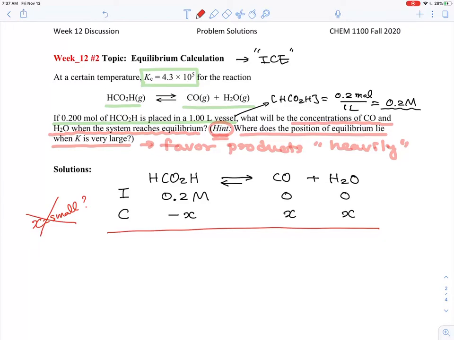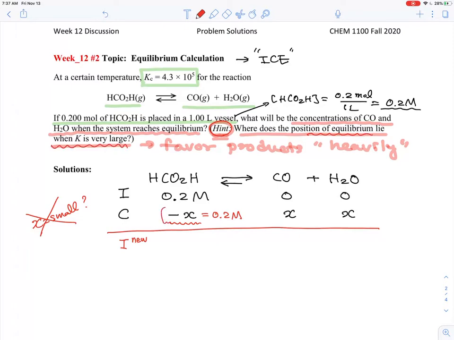Because the Kc value is really large. This value is almost close to 0.2. So I am going to re-establish the new initial condition, supposing that X is, for now, 0.2 molar. So this is using the fact that the position, when K is really large, heavily favors the products.